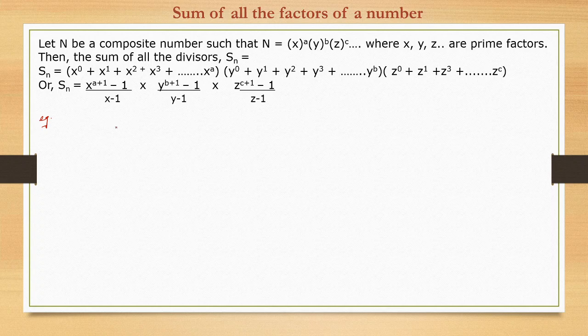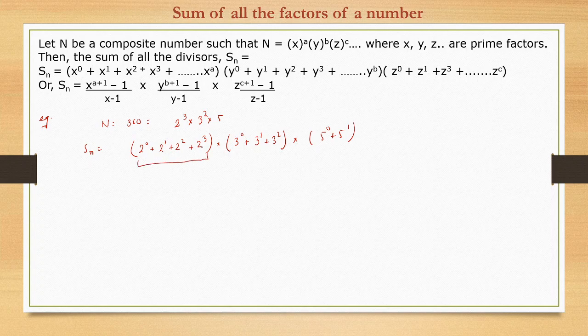Say we take an example of n equal to 360. We can write it as 2 raised to power 3 into 3 raised to power 2 into 5. What would be the summation? It would be 2 raised to power 0 plus 2 raised to power 1 plus 2 raised to power 2 plus 2 raised to power 3, into 3 raised to power 0 plus 3 raised to power 1 plus 3 raised to power 2, into 5 raised to power 0 plus 5 raised to power 1.